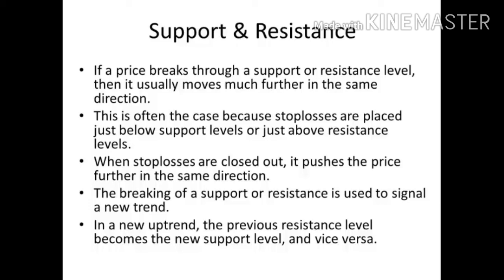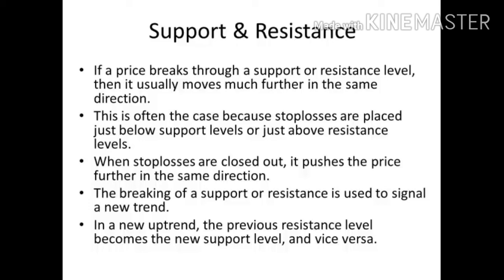Okay? So for example, let's say we have a support at 100 and the price is falling. Now, when the price approaches 100, there may be strong buying pressure that prevents it from reaching 100 or crossing it. But if the price does in fact cross 100, then we should see a further continued drop, maybe towards 95, 90, or the next support level. Alright, so it's like a barrier, and if that barrier is broken, then you can travel much further.